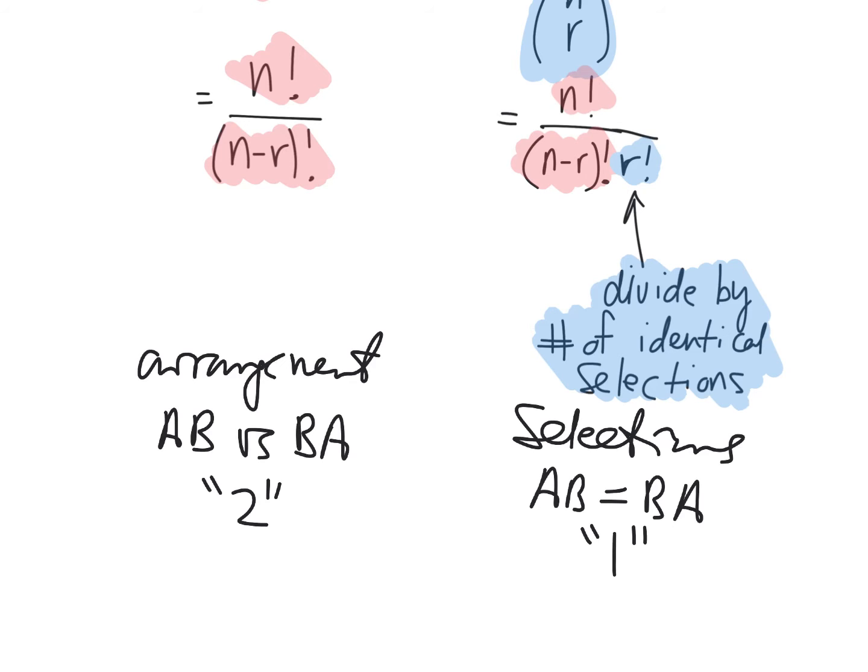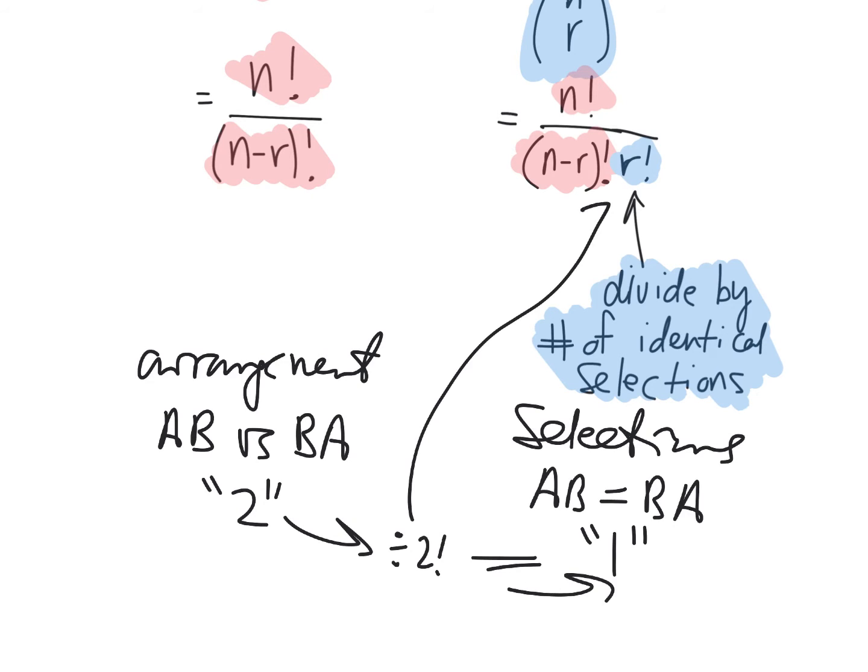Whether you have AB in your hand or BA in your hand, you have the same letters in your hand. So it's a count of 1 in terms of the selections. If you take 2 and divide it by 2 factorial, you end up with 1. That's the division by r factorial, which takes care of the identical selections.